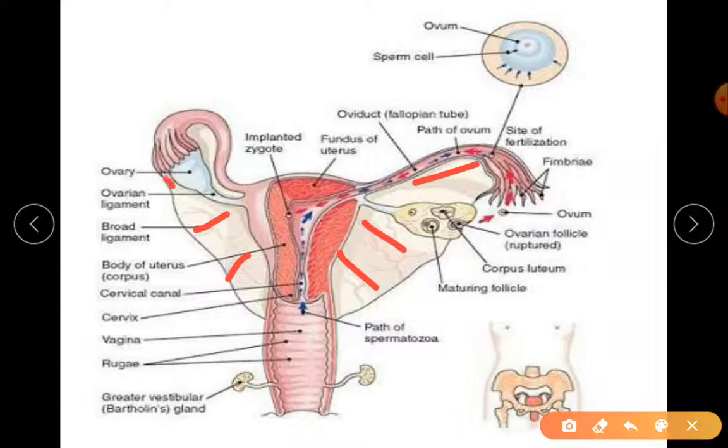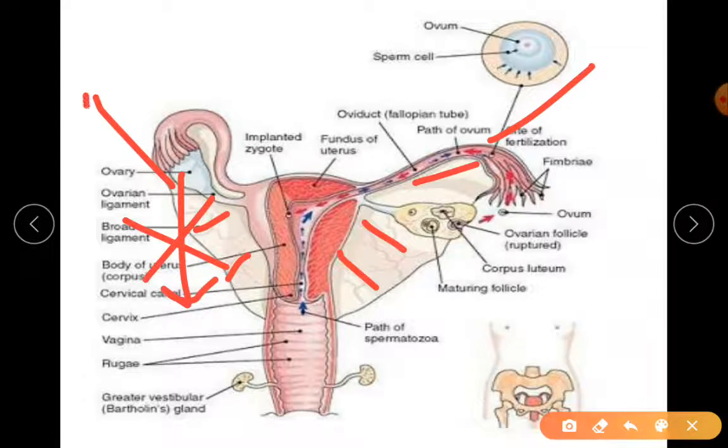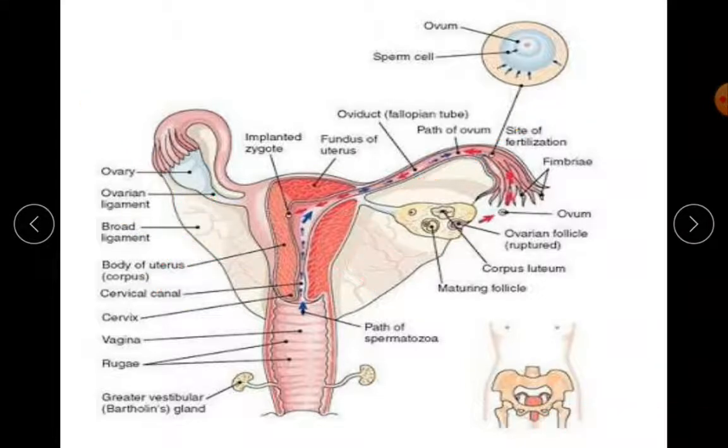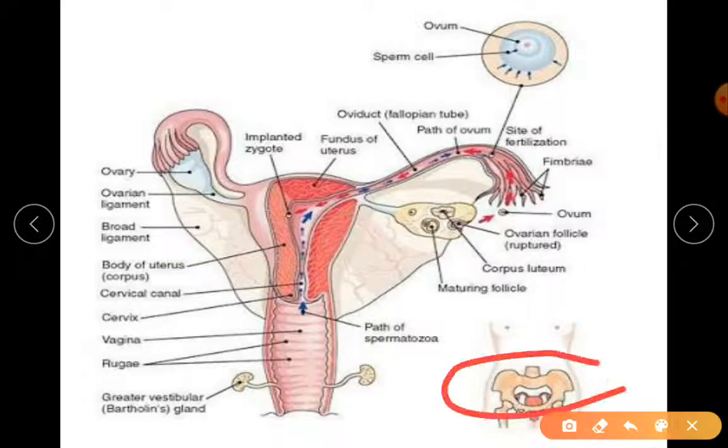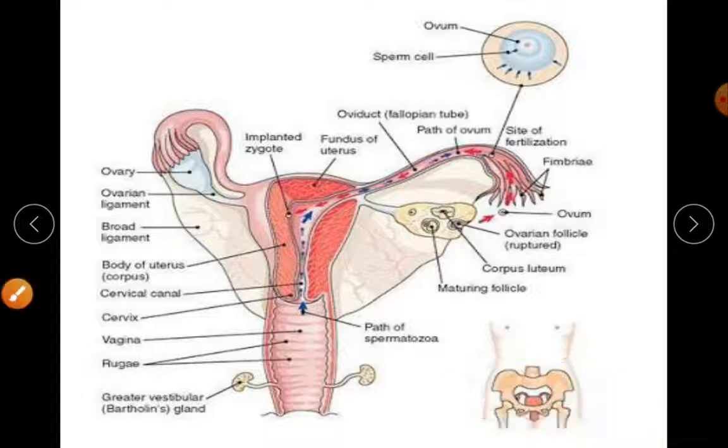So it can stay firm, not droop down. It should not droop down. So they are attached with the help of the ligaments. You'll understand one by one. So observe this proportion. It is your pelvic region or the abdominal region. Abdominal cavity, pelvic region.